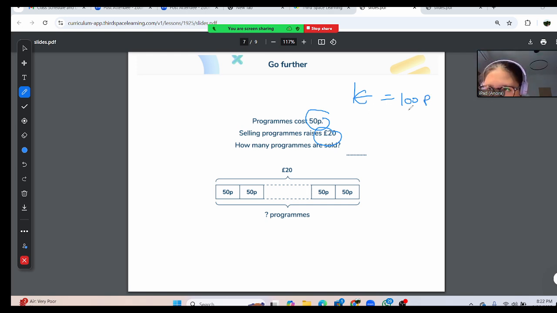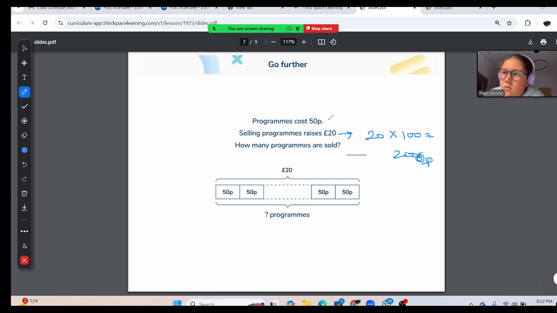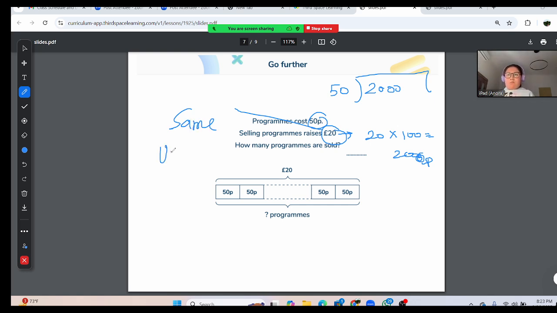So this would be 20 into 100, so this will become 2000 pence, right? Now you can divide this 2000 with 50 to get the answer. You just need to make sure that both of them are in the same units.